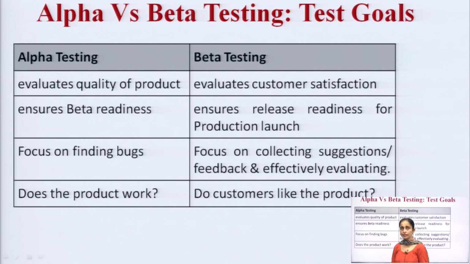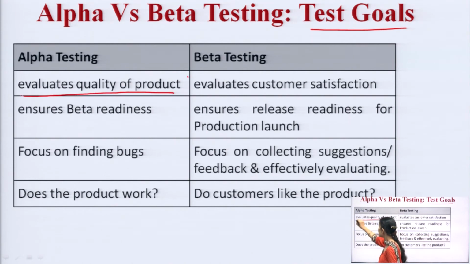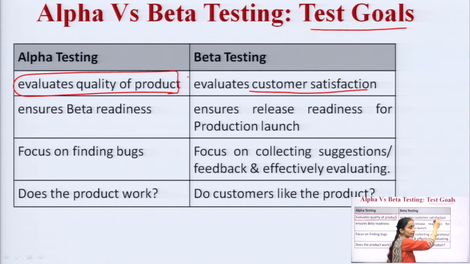Now, let us discuss the test goals for alpha and beta testing. Alpha testing evaluates the quality of the product, and in beta testing the main aim is to see customer satisfaction, how satisfied the users of the software are. Alpha testing ensures beta readiness.